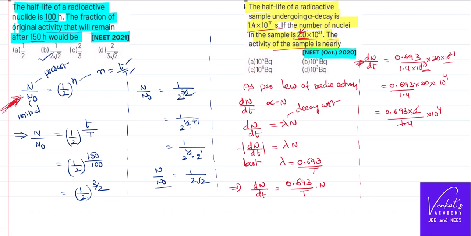So this is 0.7, that will become 693 by 7 into 10 power 4. If I calculate that value, it will come close to 0.99 into 10 power 4, that is close to 10 power 4. It is measured with a unit called becquerel, in the name of a scientist, Henri Becquerel. So the answer is 10 power 4 becquerel.